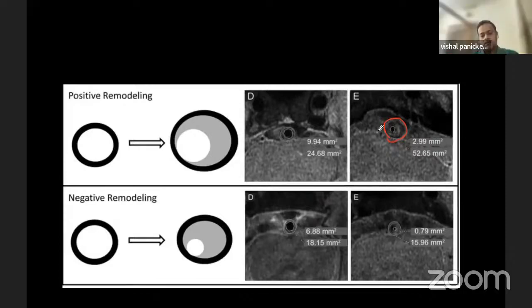Okay, sir. You didn't talk about Moyamoya disease at all. In Moyamoya disease, there will be involvement of the terminal ICA and the M1 segment, and there will be concentric wall thickening also. And there will not be any enhancement on T1 gadolinium. And it's a negatively remodeled artery.